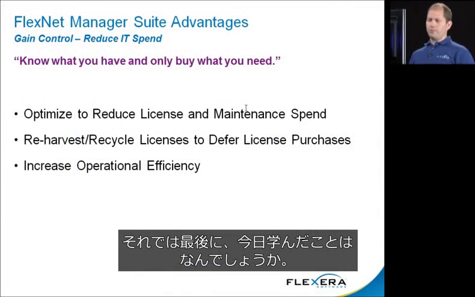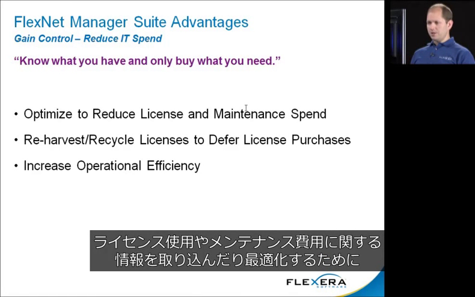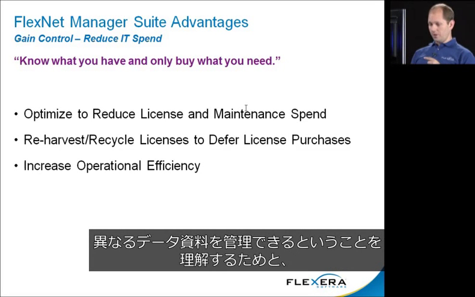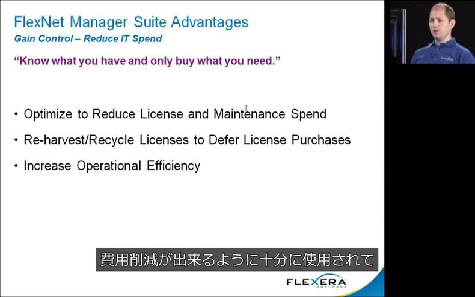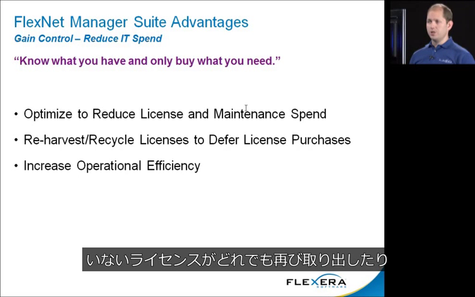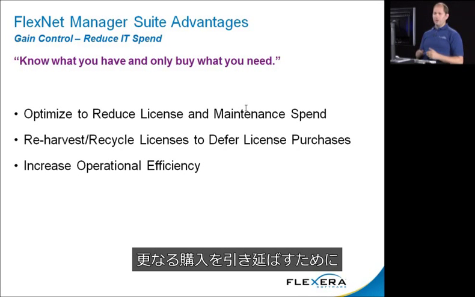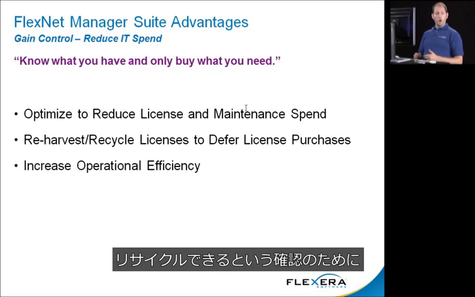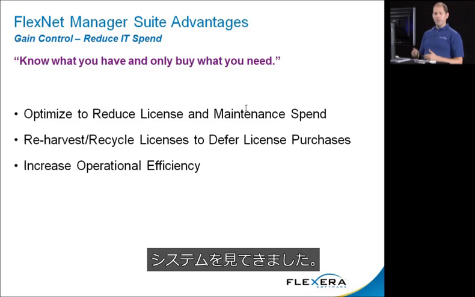So finally, what have we learned today? We've had a look at the system to understand that we can manage the different sources of data to bring in and optimize information around license usage and the maintenance expenditure. And to ensure that we reduce the expenditure, we can ensure that any licenses that are not adequately used can be reharvested or recycled to defer additional purchases.